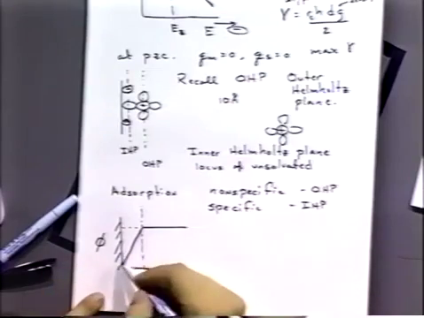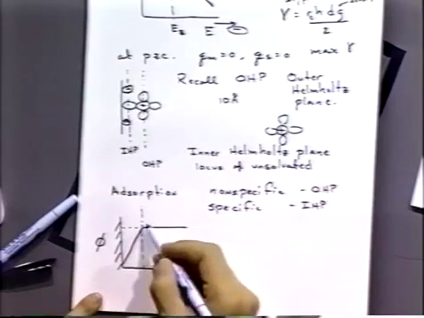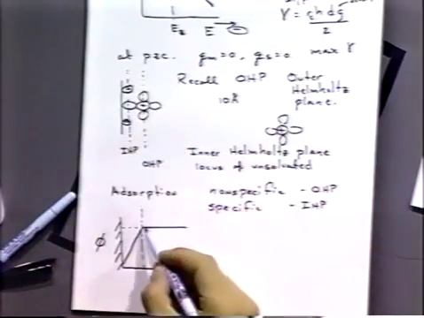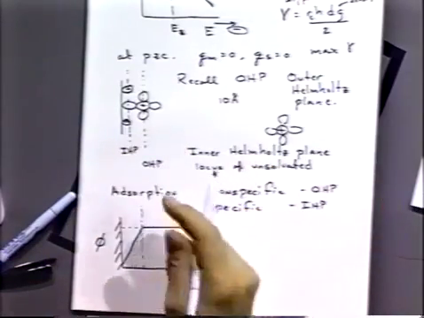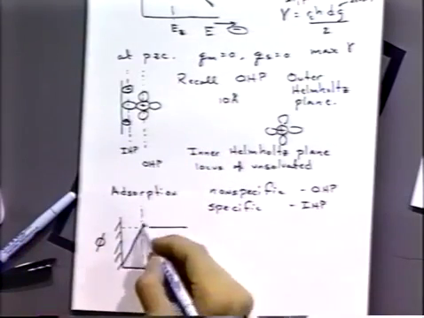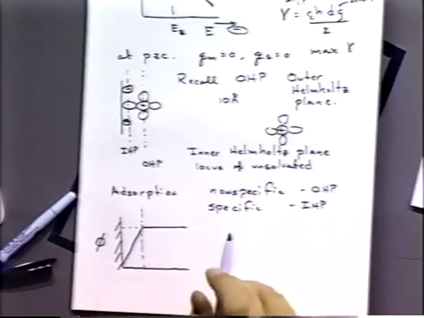We can assume it is. But there will be a potential drop because we've got the bulk solution potential, and then we've got a drop in potential because of these adsorbed charges on the electrode surface. And that gradient in potential will affect other electrochemistry.